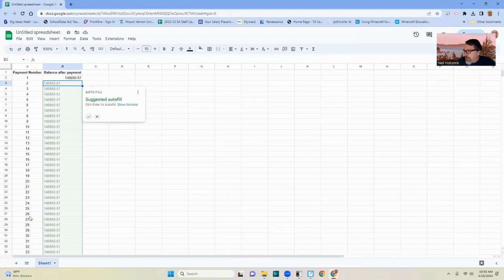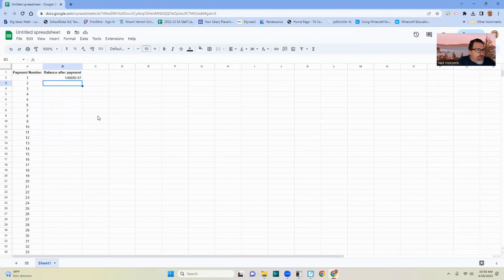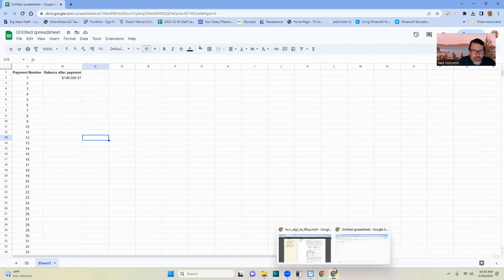Okay. And I don't want to autofill because it's not always going to be the same, so I'm going to reject the suggestion. And it rounded it. Then I can click on this and change it to dollars. And it's $149,850. So after the first payment, what was our initial?